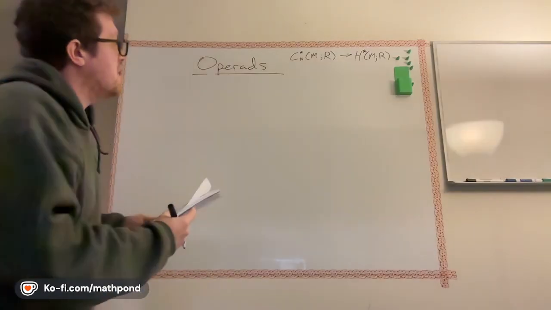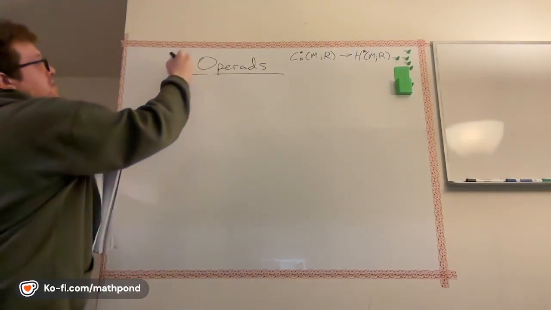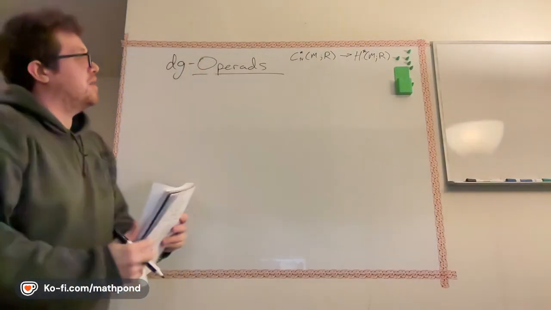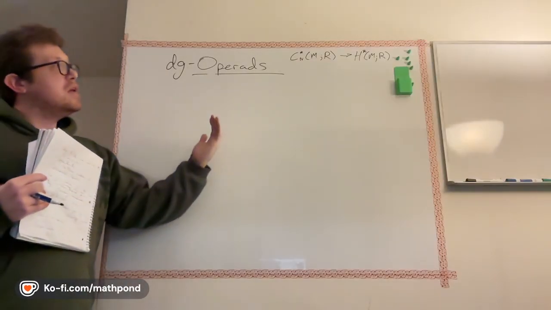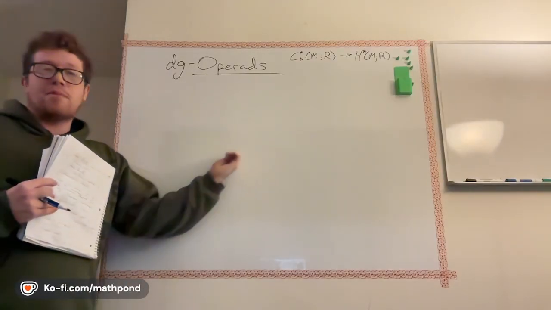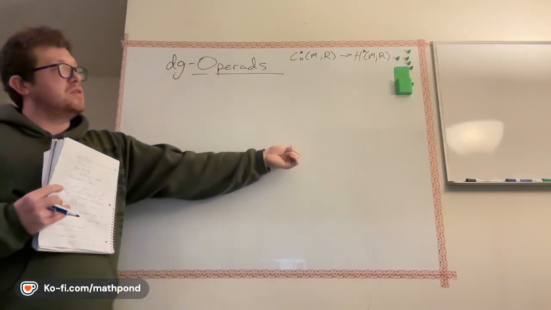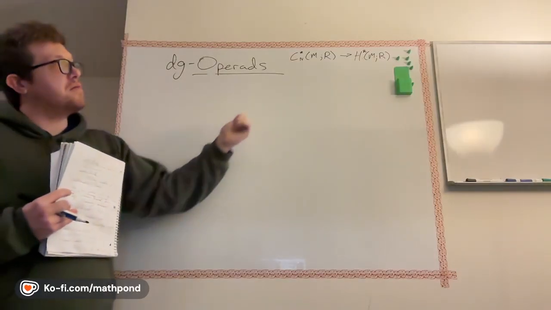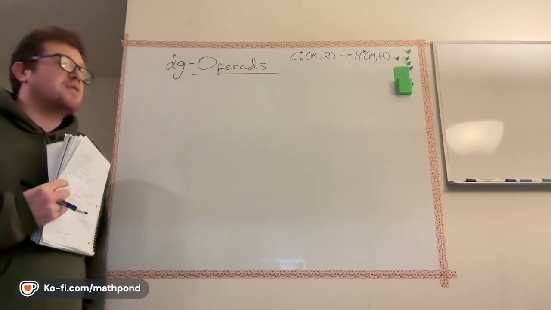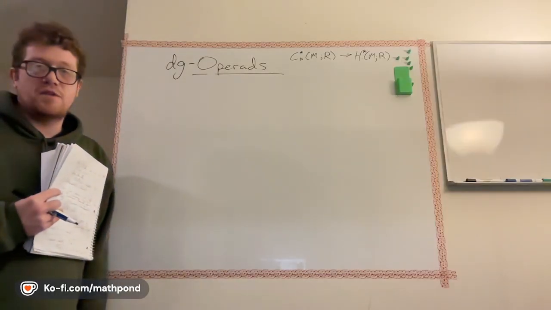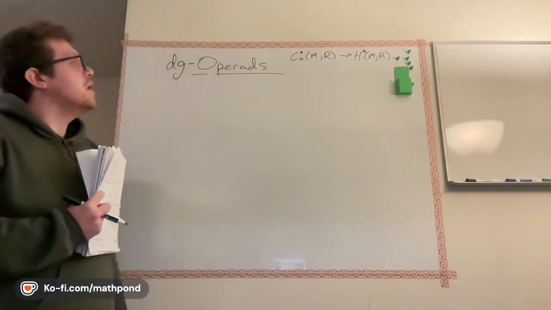So that upgraded notion is dg-algebras, so differential graded operad. Now instead of it being a discrete space of operations, you have your set of points of operations, but then you also have your homotopies between those points, and then you have two-dimensional homotopies between 3 points, 3-dimensional homotopies between 4 points, and so on.